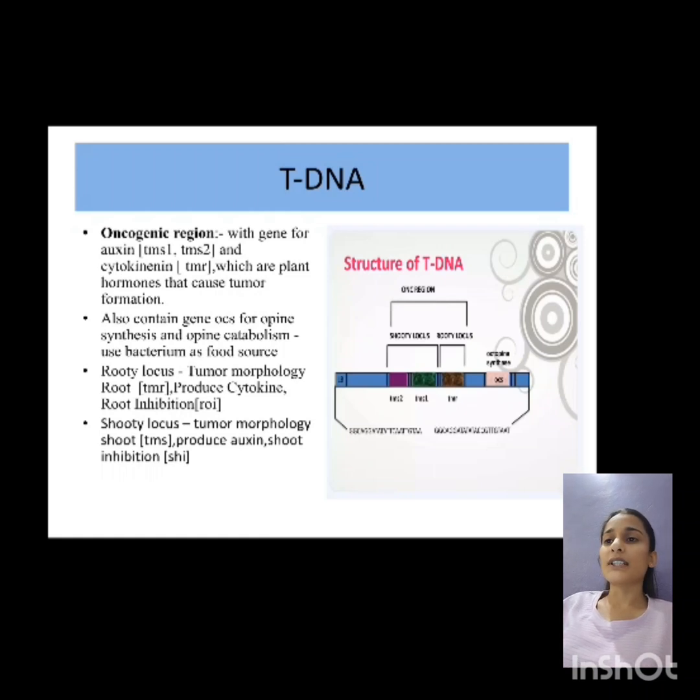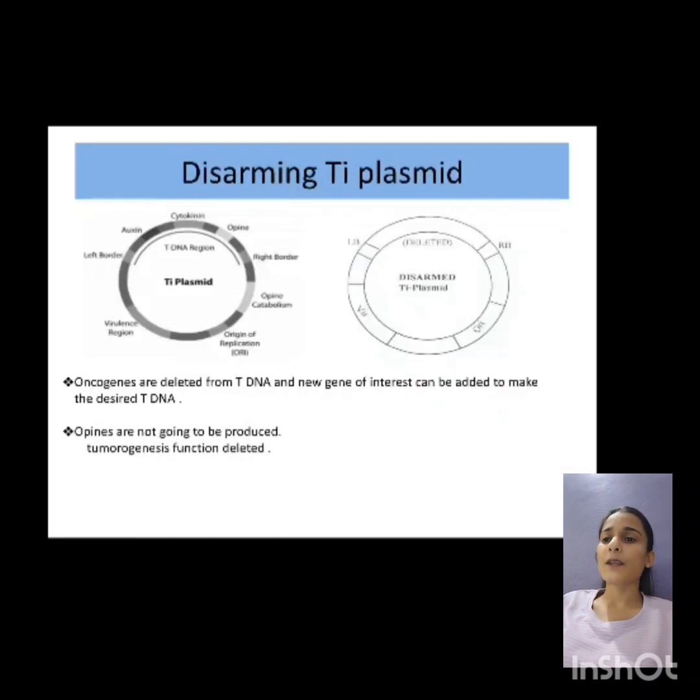Let us move to the disarming of Ti plasmid. So it is a very important step, or we can say process, by which we can transform the Ti plasmid for beneficial use.